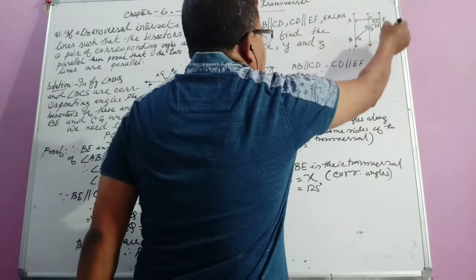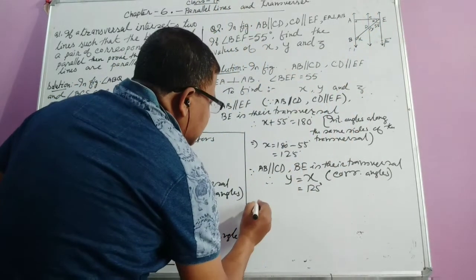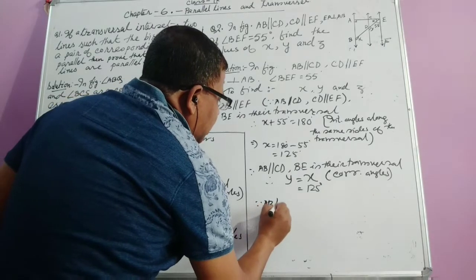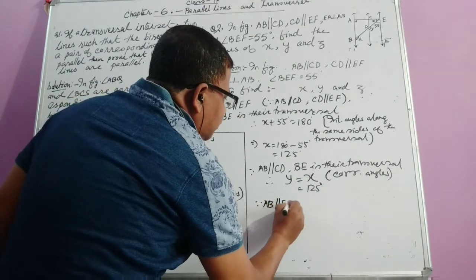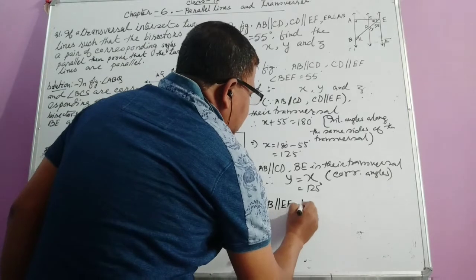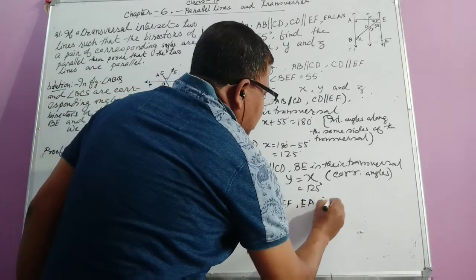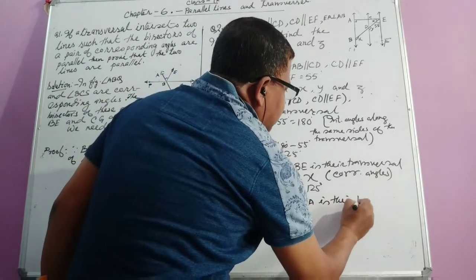Now AB is parallel to EF, as we have proved, and EA is their transversal.